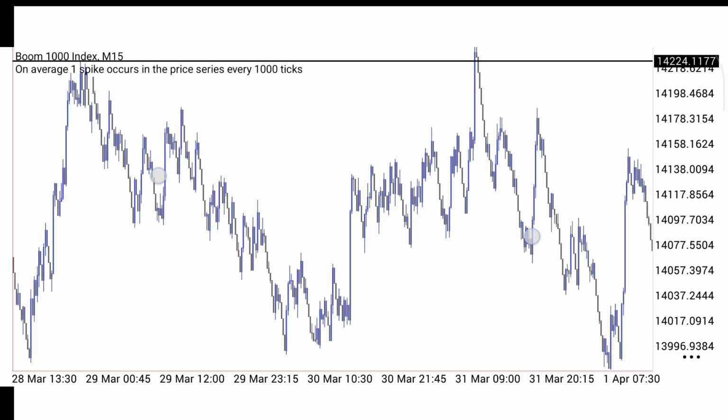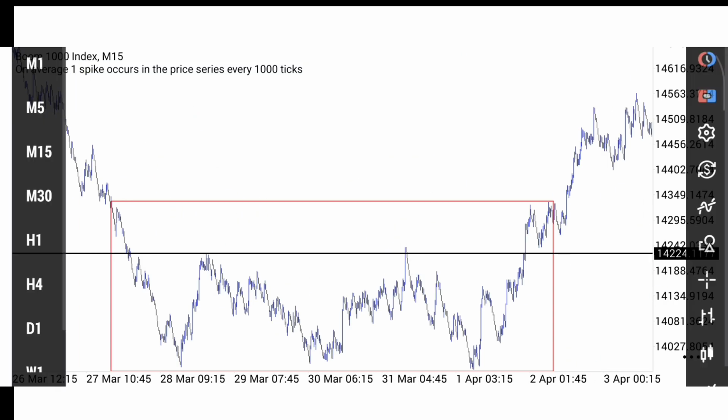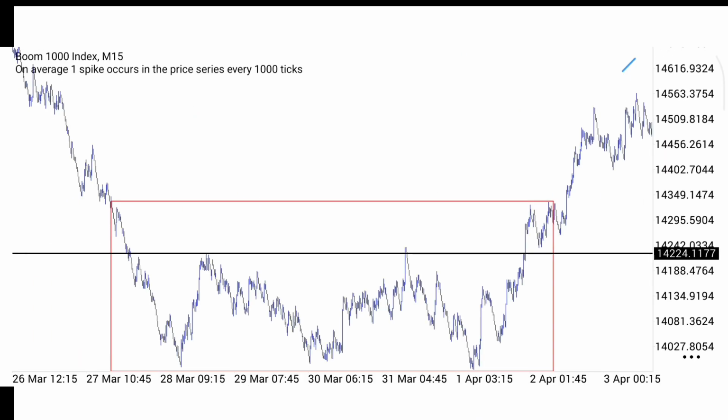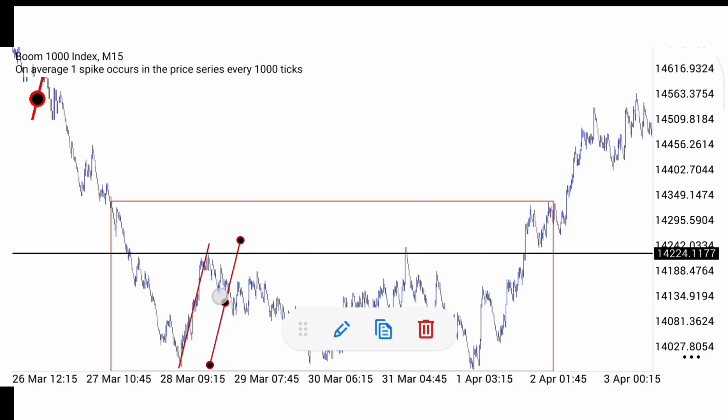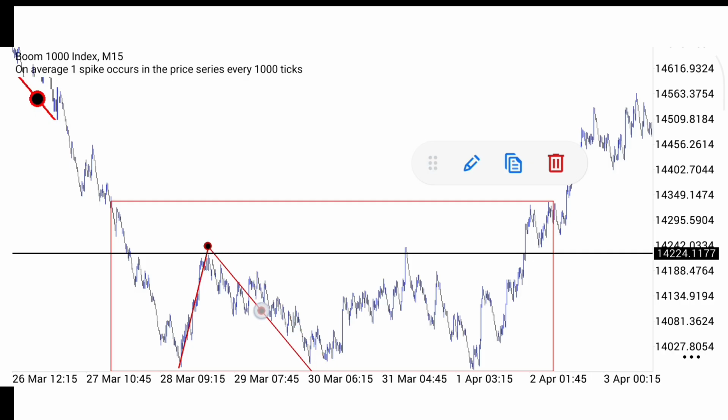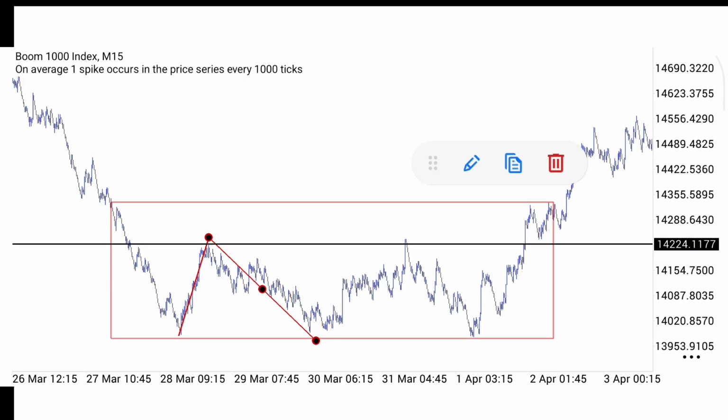The first thing is that you will see a structure like this one where the market will go up, then it will come down. Look at this, it will come down to this point without breaking the last structure.